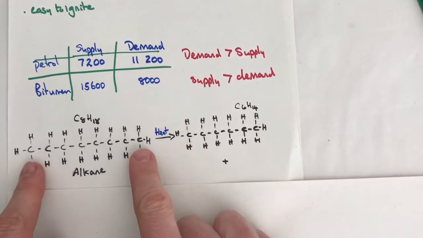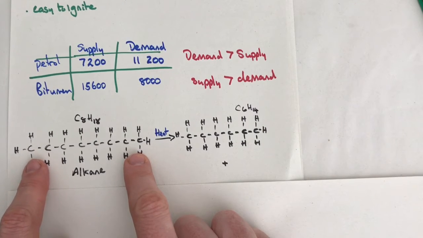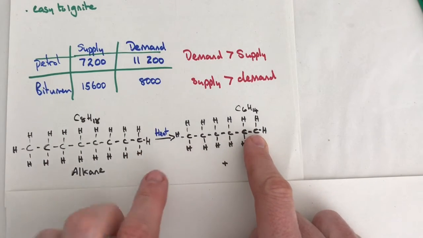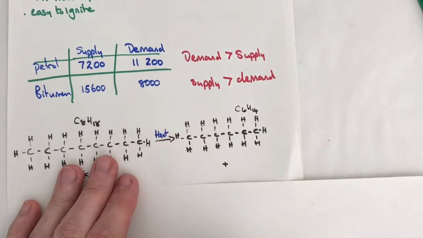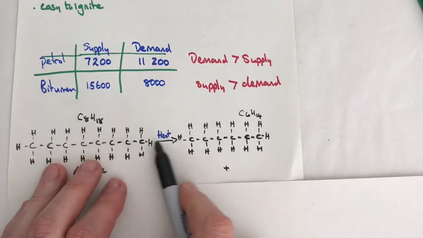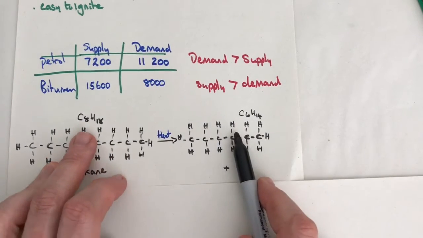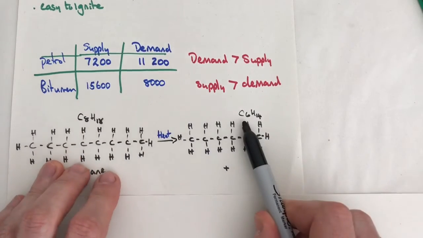So if I take all the long ones that I've got a surplus of, heat them up, I can make shorter ones, and then I can start to help meet the demands that this table showed me exist. You probably notice that as part of this process, I've actually not got enough carbons. Here I've got 8, and this side I've only got 6.